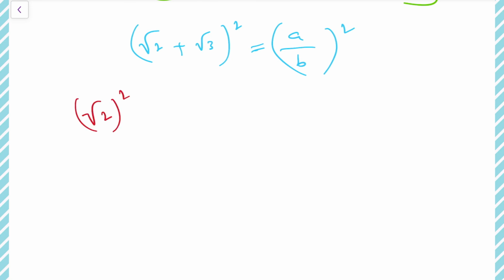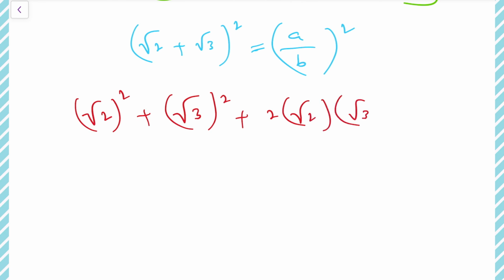Root 2 whole square plus root 3 whole square plus 2 into root 2 into root 3 equals a by b whole square, a square by b square.